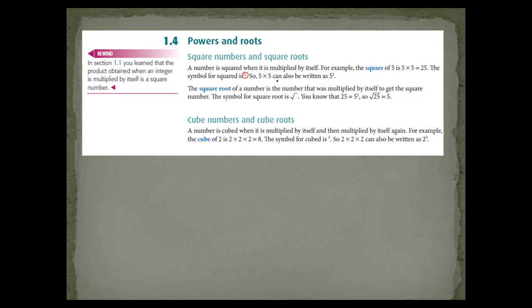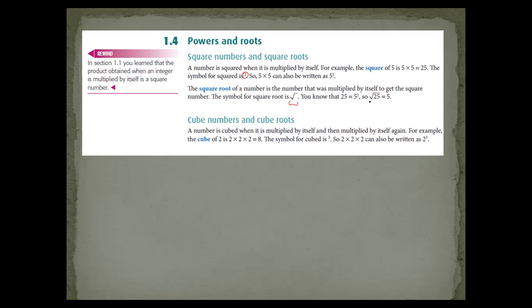So 5 times 5 can also be written as 5 squared or 5 to the power of 2. And a square root of a number is a number that was multiplied by itself to get the square number. The symbol for a square root is this one. And you know that 25 is equal to 5 squared or 5 to the power of 2.